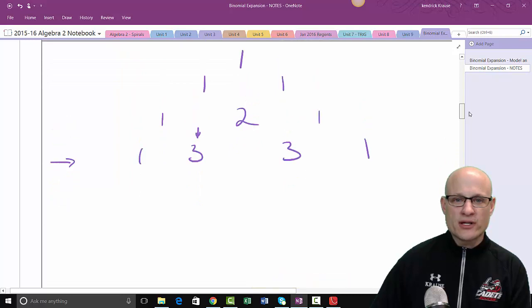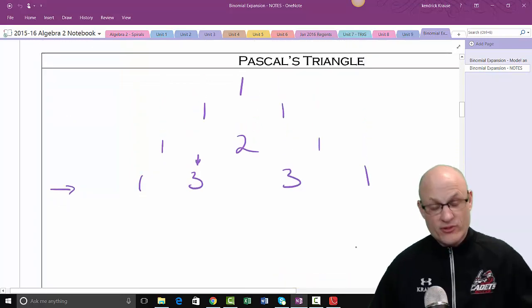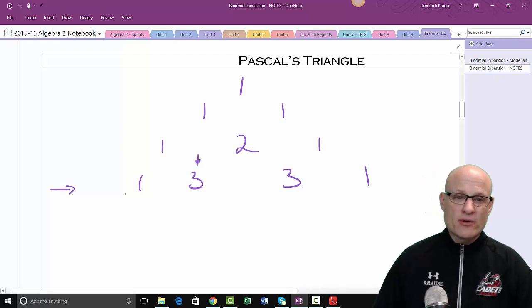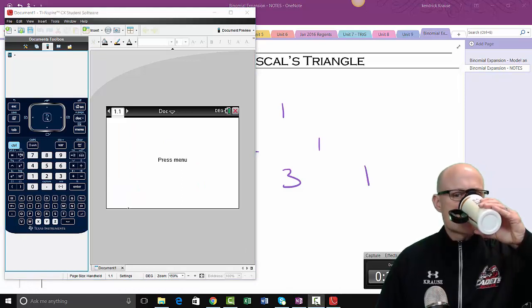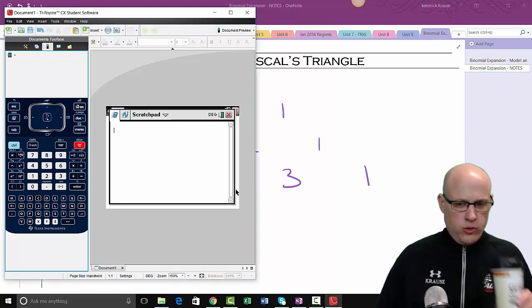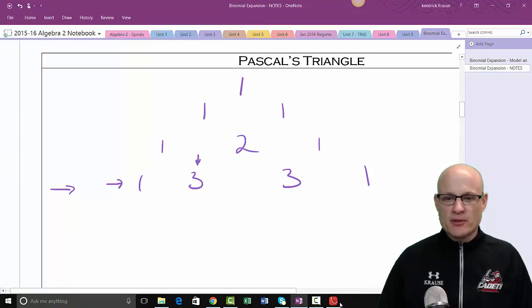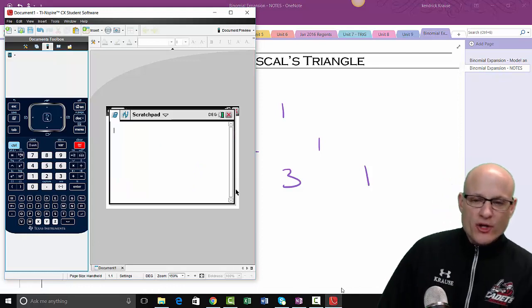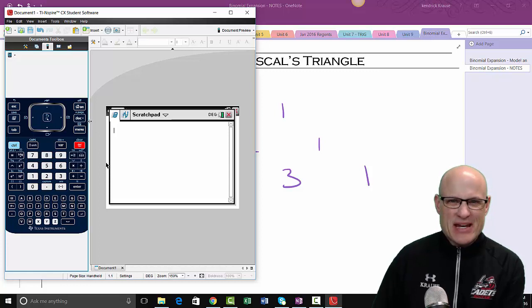We're going to use this thing called combinations, or combinatorics, and we're going to do a little bit more with this when we start talking about probability. So I want to generate this row. Anyway, we're going to use combinations.